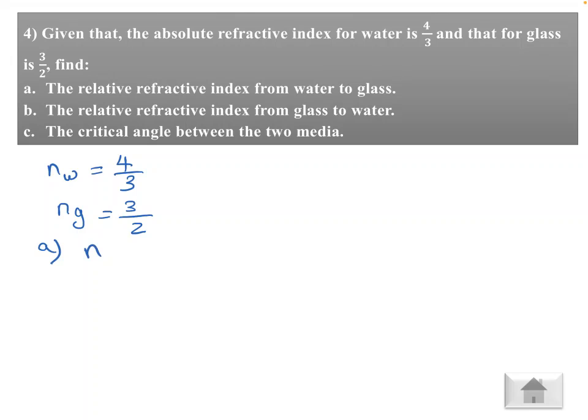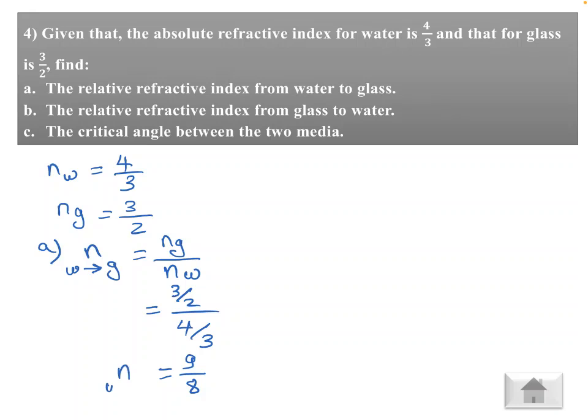Remember, relative refractive index from water to glass is n glass over n water: n glass 3 over 2, n water 4 over 3. The result will be 9 over 8. This is n water to glass. Okay. B. The relative refractive index from glass to water. n glass to water equals n water over n glass.